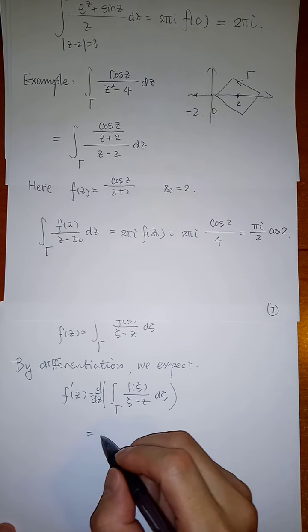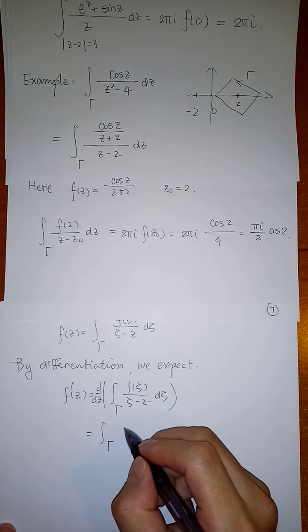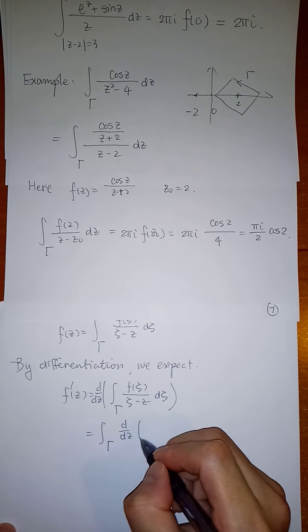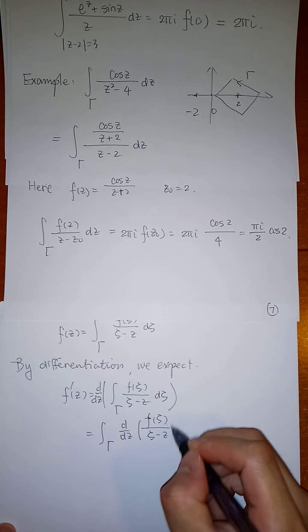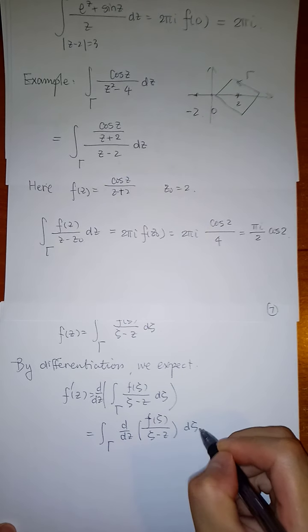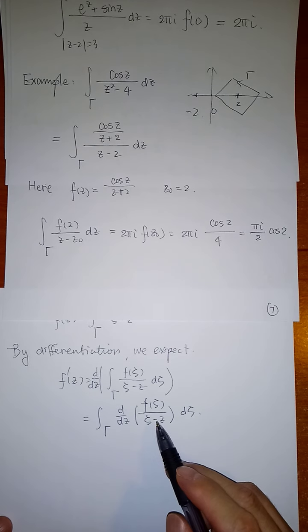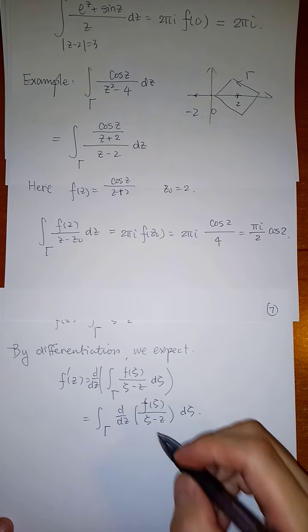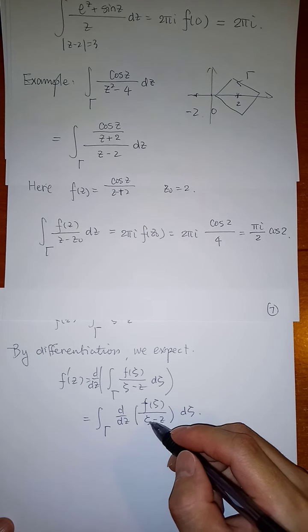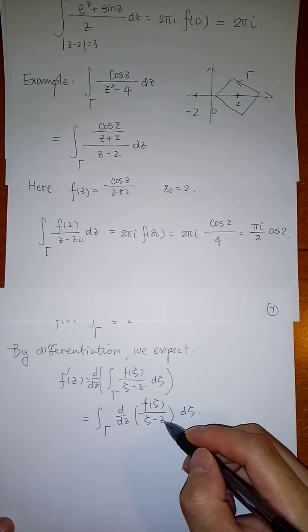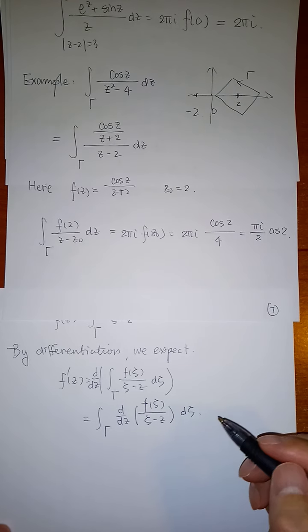This is the Leibniz formula. And then you just apply the chain rule. F of zeta does not depend on z. In zeta minus z, this z is the variable.